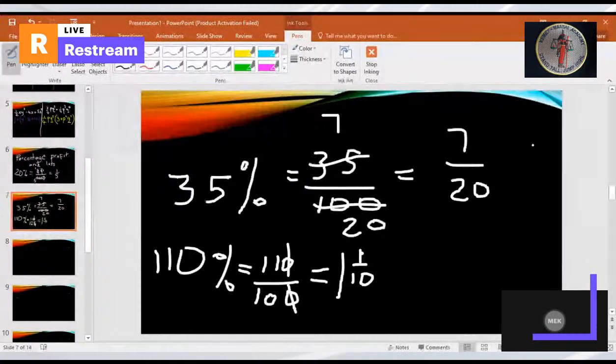Suppose we had 600%. What would that be as a fraction? So 600% would be 600 over 100.